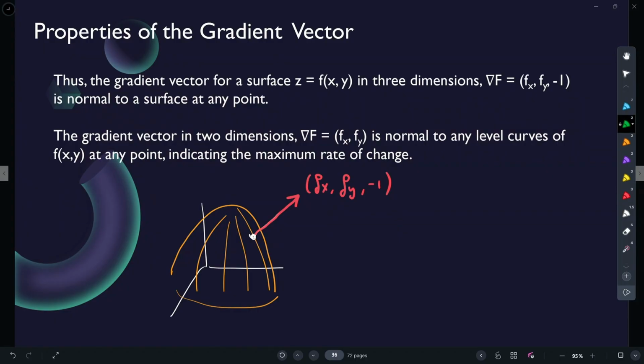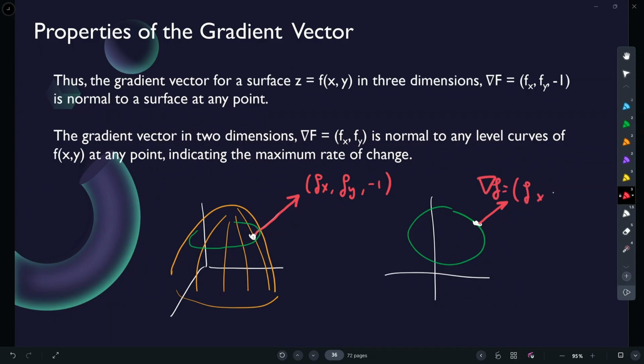And if I cut it and look at a cross-section, my cross-section now looks like this. If I go to the corresponding point here and I want a normal vector, a vector perpendicular to the tangent line, it turns out it is given by the gradient vector. Okay?